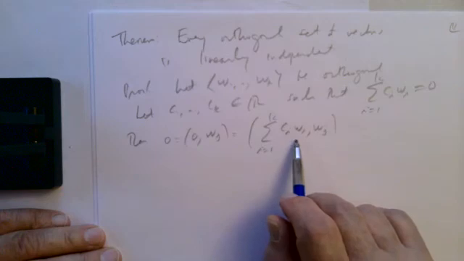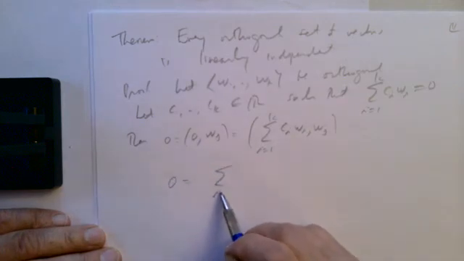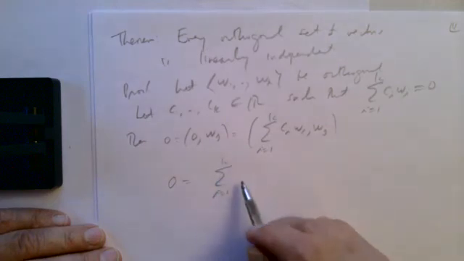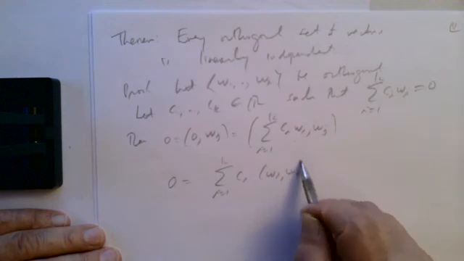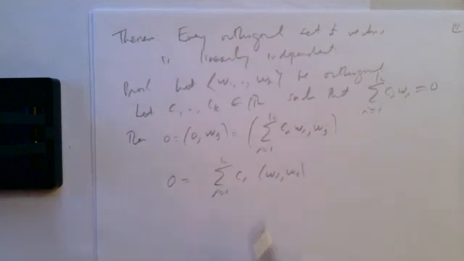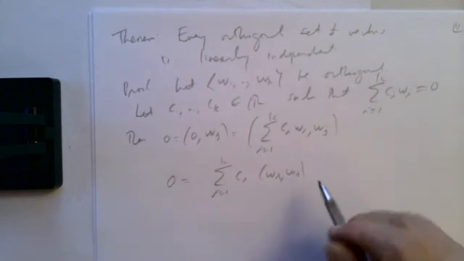And by linearity or bilinearity, this is the summation I goes from 1 up to k, C sub I, inner product of Wi with Wj. But these vectors are orthogonal. So Wi, Wj is 0 unless I equals j.